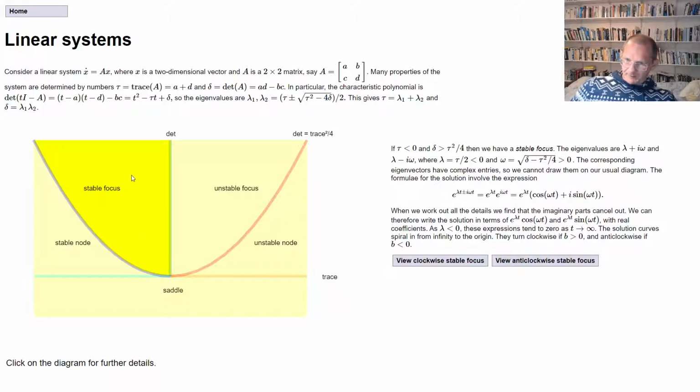But we're still in the region where the trace is negative, and lambda is just tau over 2, so tau being negative is the same as lambda being negative. So this exponential part has a negative coefficient, which means it's going to die away to 0 as t goes to infinity. So it's going to run into the origin like it did in the stable node case, but this time we're going to have some spiraling as well.